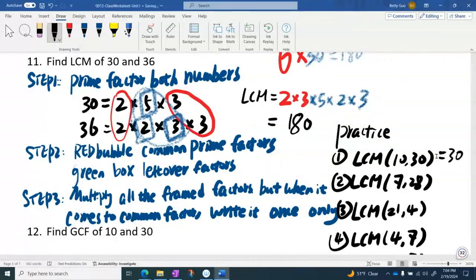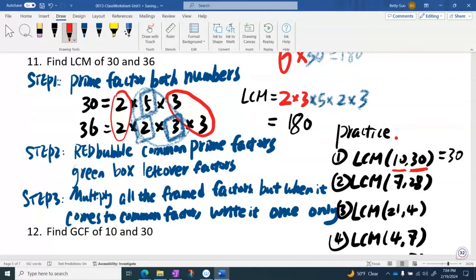The least common multiple is the smallest common multiple of two numbers. What happened is 10 happens to be a factor of 30. 30 is a multiple of 10. So that's the first special case, right? 30 is the smallest multiple of itself.